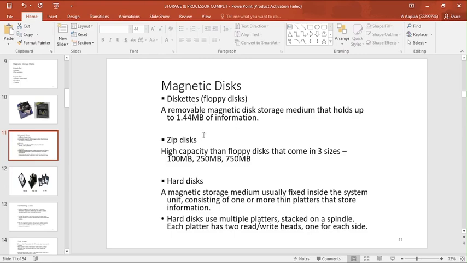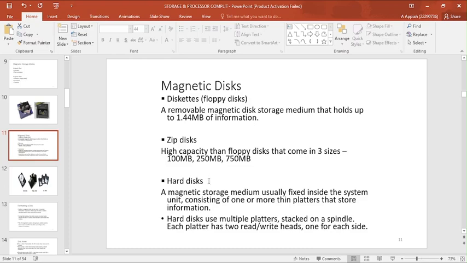Then the next higher one under magnetic disk is the zip disk, which has higher capacity than the floppy disk, and it can come in three capacities or sizes: 100 megabytes, 250 megabytes, and 750 megabytes.